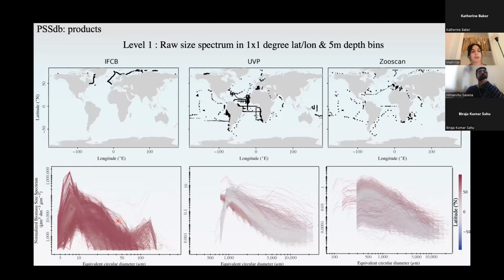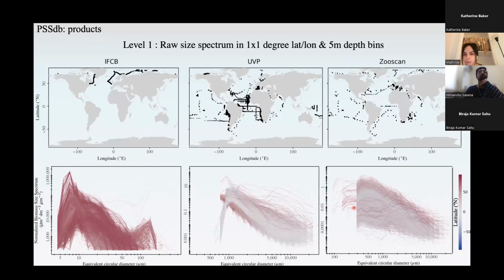The other thing you'll notice is the different scale between the instruments. Of course, the IFCB is able to detect smaller organisms, so their abundance is typically higher, up to 1,000 organisms per milliliter, whereas the UVP and the ZooScan have mostly up to 1 or 10 organisms per liter, because they typically detect organisms that are about 1 millimeter and above.